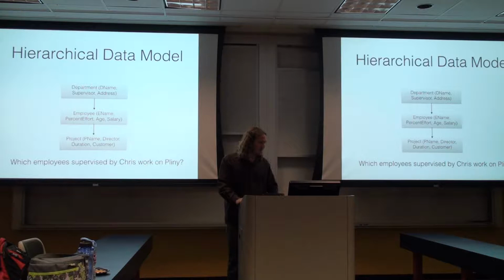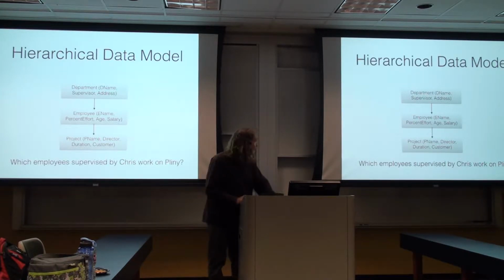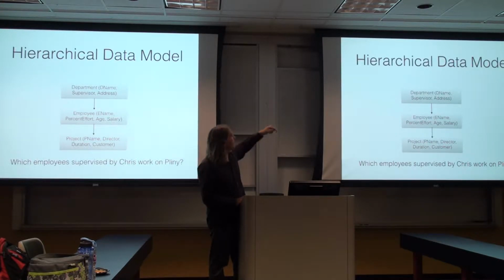So as an example, if I said, which employees supervised by Chris work on the Pliny project? What I would do is start at the department, navigate down to all of the employees that were actually supervised by Chris, right? So I'd ask for the departments with Chris as supervisor, navigate through all the employees, and for each employee I would check the project.